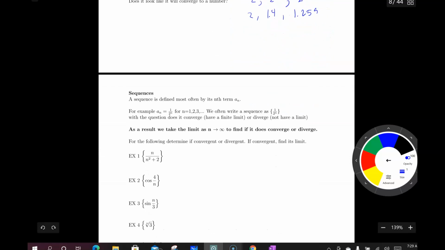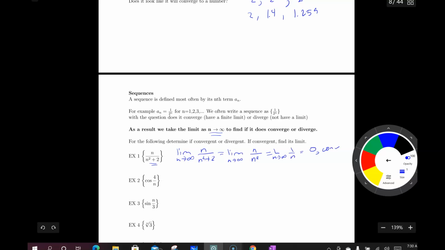Okay, how we're going to do this is we're going to go through and take the limit. If this is the question and there's the sequence, I'm going to take the limit as n goes to infinity, and I'm going to use all that I know so far. I know that I can use highest powers. If I use highest powers and cancel, I get 1 over n, that's 0.